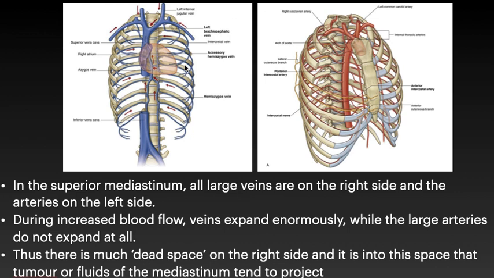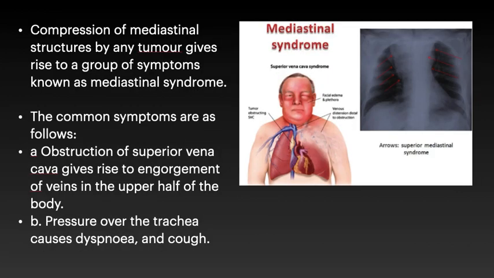During increased blood flow, the veins expand enormously while the large arteries do not expand at all. There is much dead space, therefore, on the right side, and it is into this space that tumors or fluid of the mediastinum tend to project.